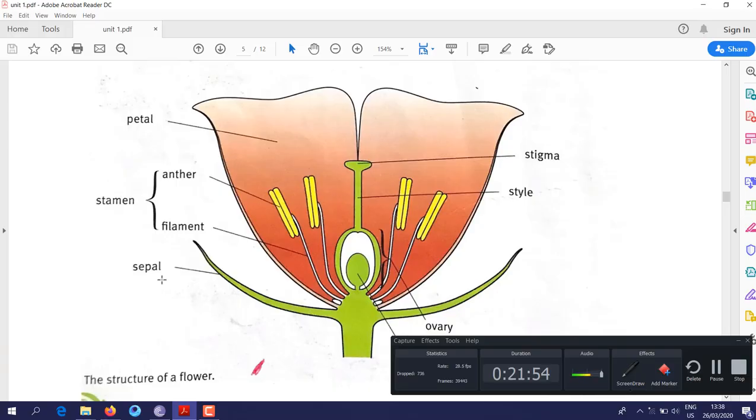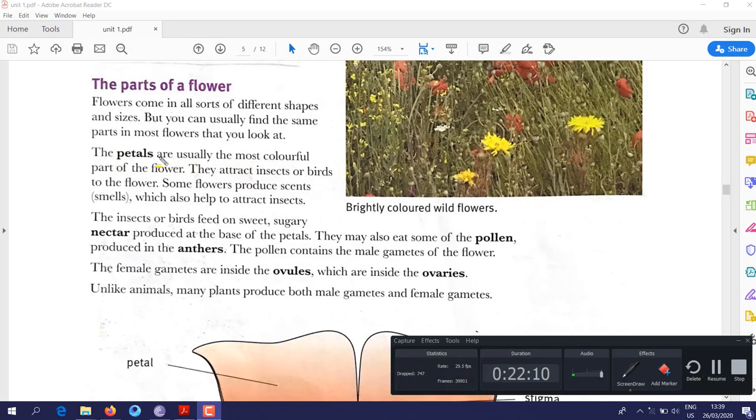But because we are talking about reproduction, we will care mostly about these two main organs, the female reproductive organ and the male reproductive organ.